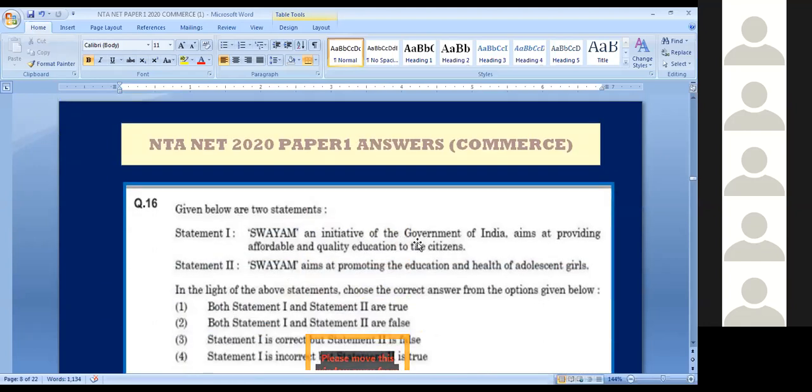SWAYAM is an initiative of Government of India, aims at providing affordable and quality education to the citizens. Correct? Yes. SWAYAM aims at promoting the education and health of adolescent girls. Now you can answer. Is that so?